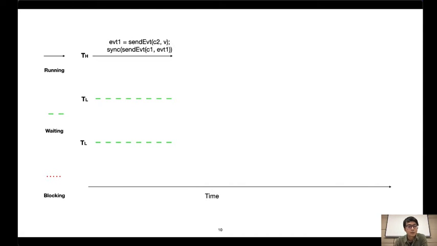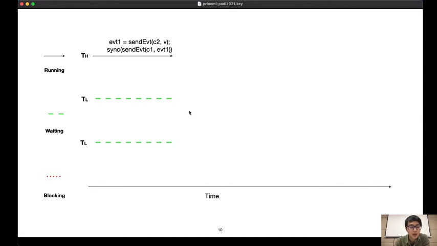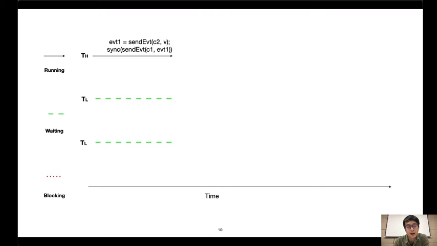In this example we have three threads. The first thread is TH, where the H stands for high. It's a high priority thread, and we have two low priority threads in this case.